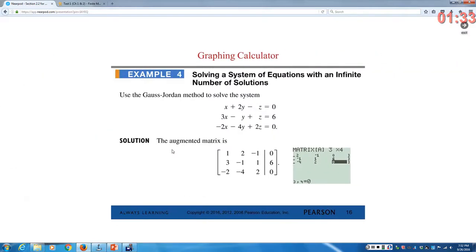Okay, this one actually is going to have an infinite number of solutions. You can practice putting this one in if you want to, but just for verification, what's going to happen on the bottom row is your last row is going to be all zeros.